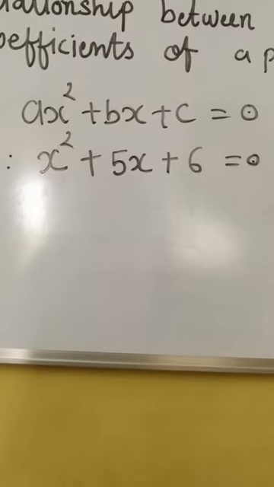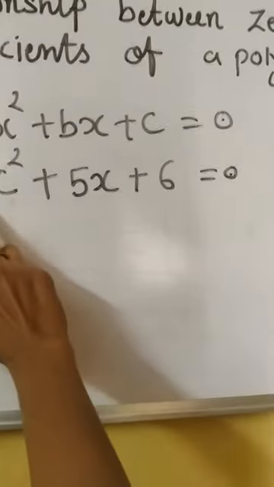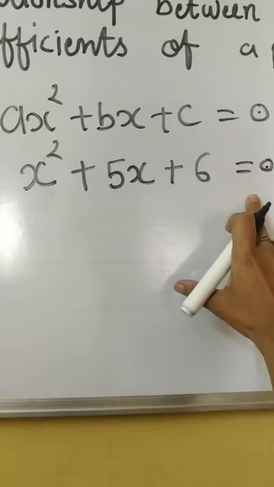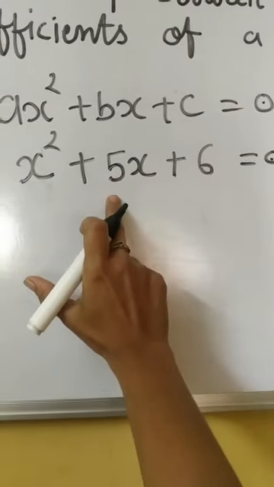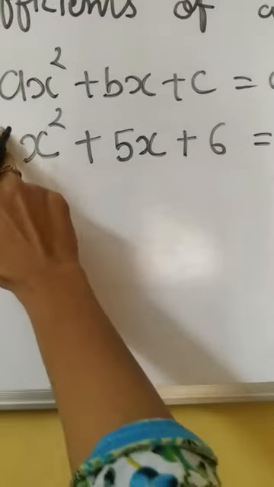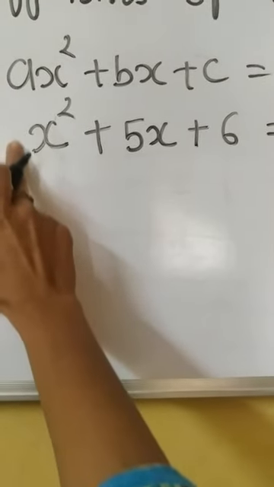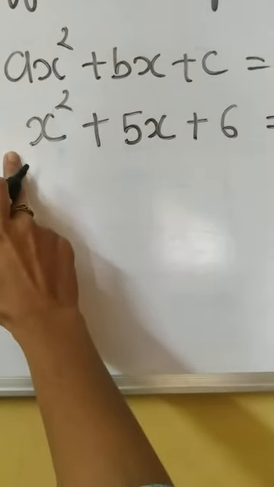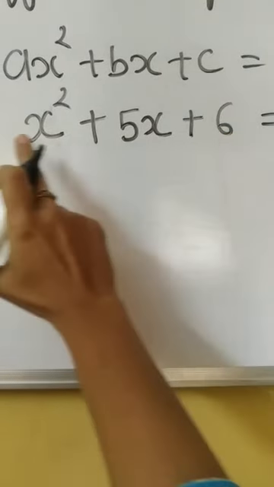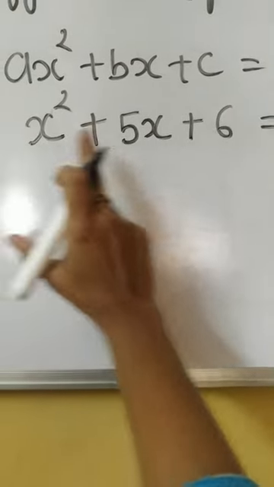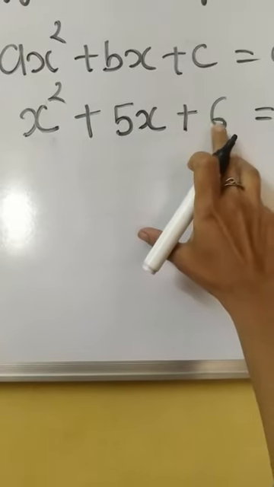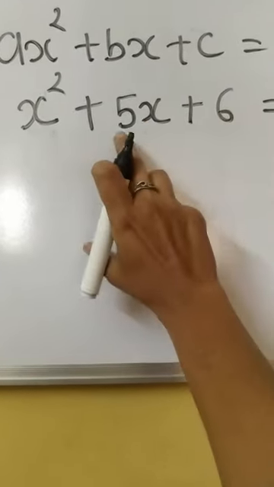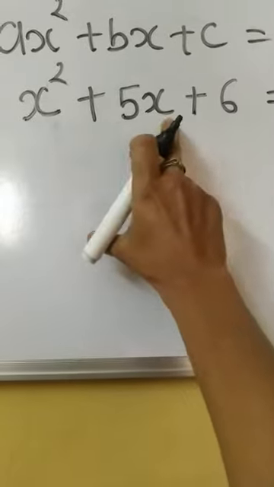We have already learned that if any quadratic formula is given, we can solve it by splitting the middle term. It means we have to see here what is the coefficient of x square. Here is 1, so we can say that 6 ones are 6. Means we have to take factors of 6 and the factors will be added and it becomes 5x.